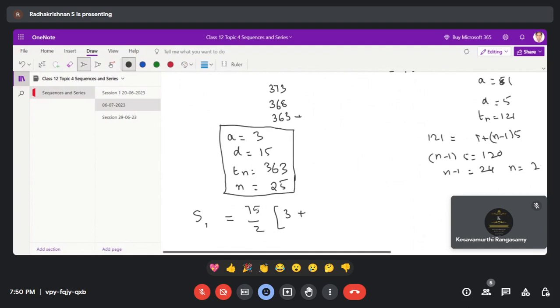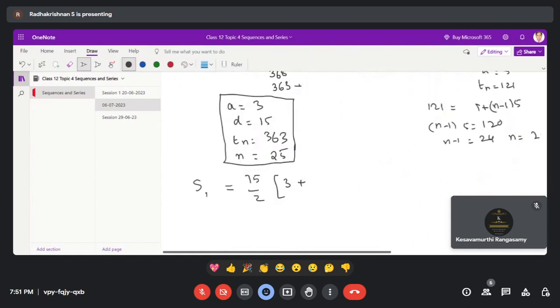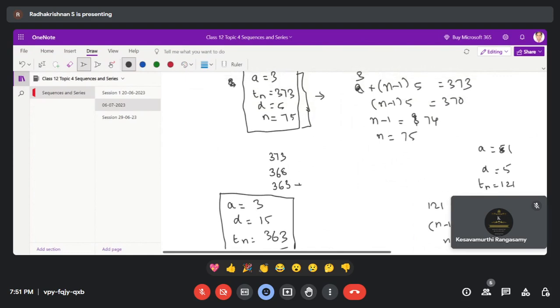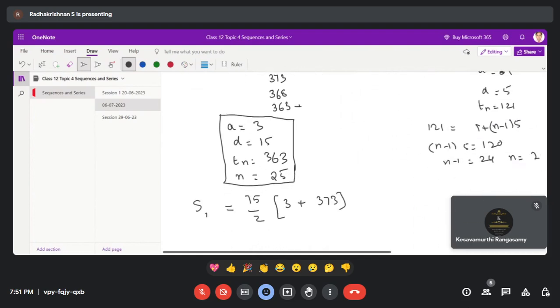Okay. n by 2 into A plus Tn. What is Tn? 373. 75 by 2 into 3 plus 373. Right? n by 2 into A plus Tn. That's all. So n by 2, 75 by 2 into A 3 plus Tn 373. That's all.